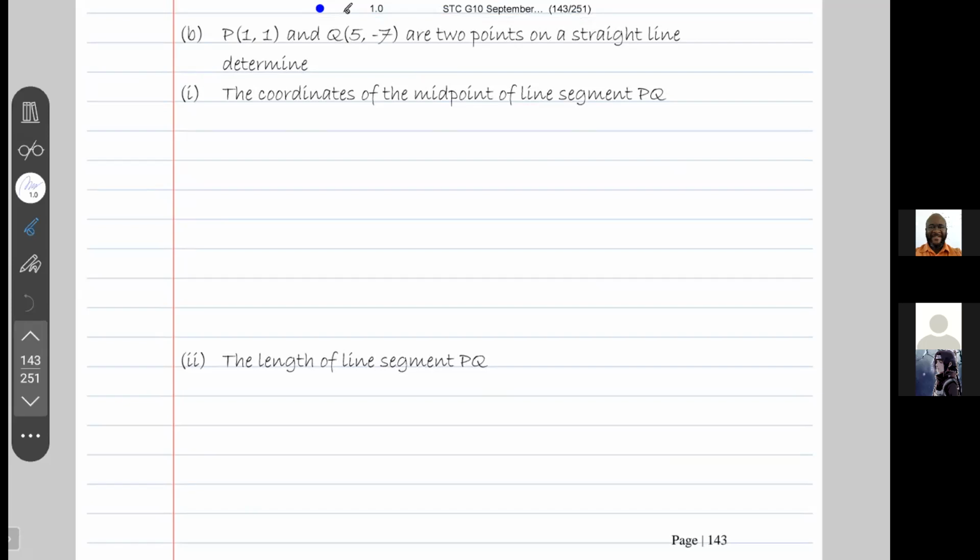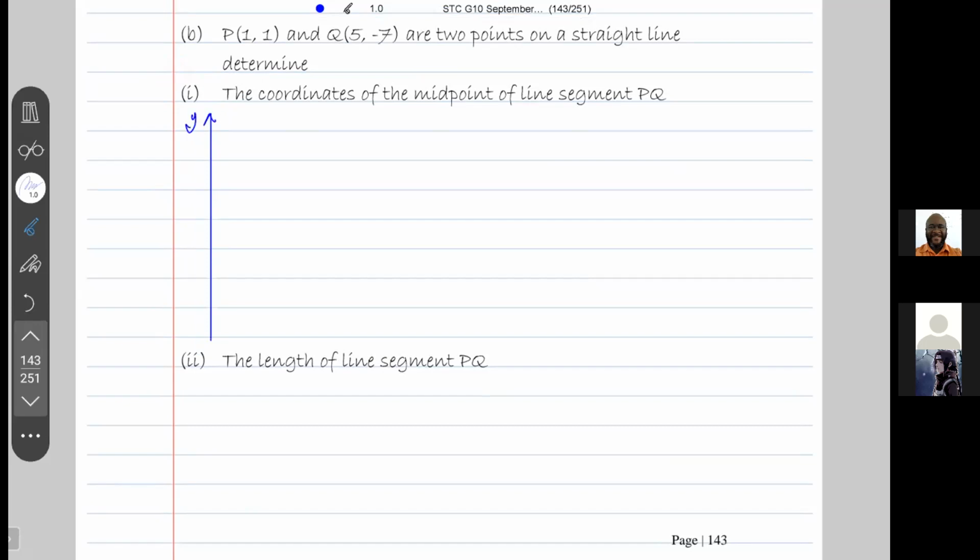Determine the coordinates of the midpoint of line segment PQ. But before I do that, I'm going to give you a sketch of this situation, so you have a visual appreciation of what you're doing.